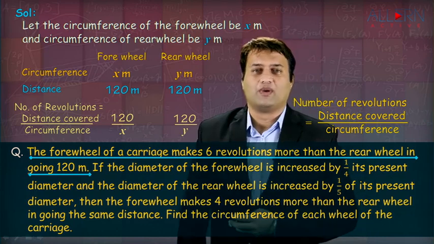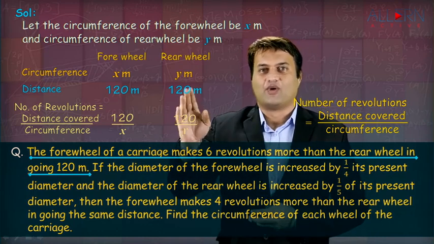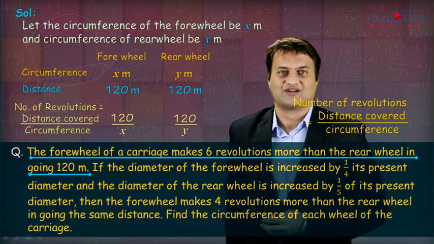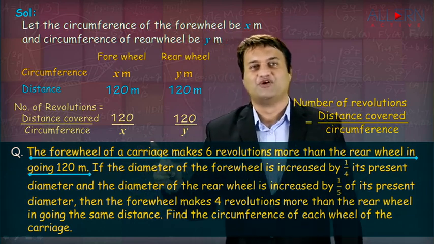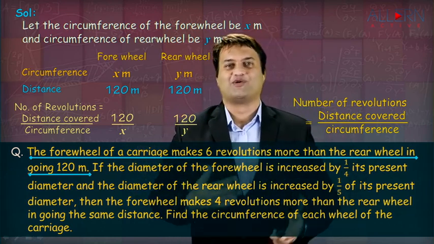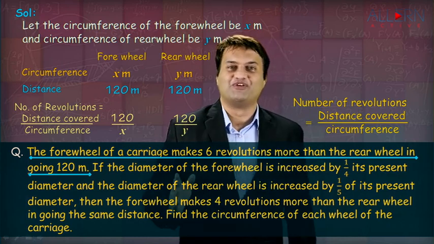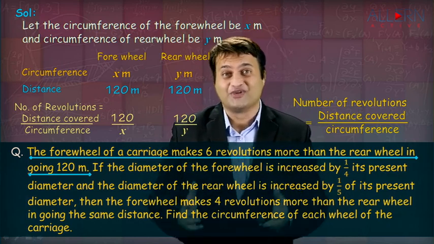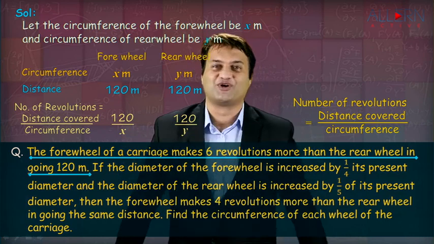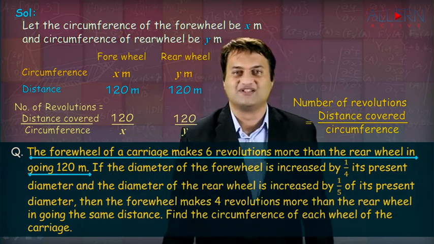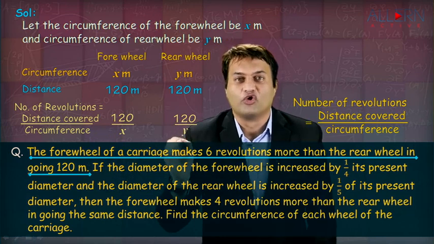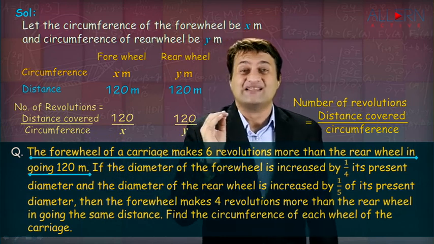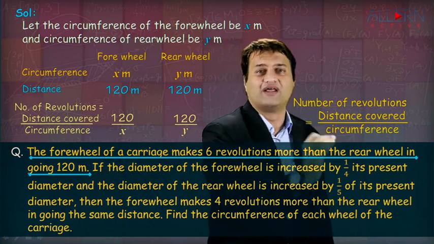It is 120 upon y, that is 120 is the distance, y is the circumference. Now we need to form the equation on the basis of these number of revolutions. So let's do it. See, the condition given is forewheel of a carriage makes 6 revolutions more than the rear wheel.